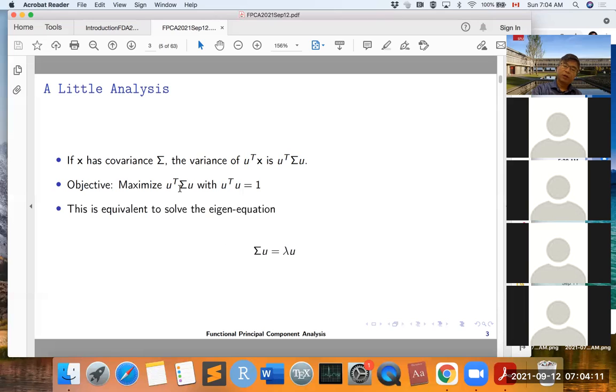So the u that maximizes the variance is the eigenvector of capital Sigma, right? This is a very important connection between maximizing the variance and solving the eigenequations.